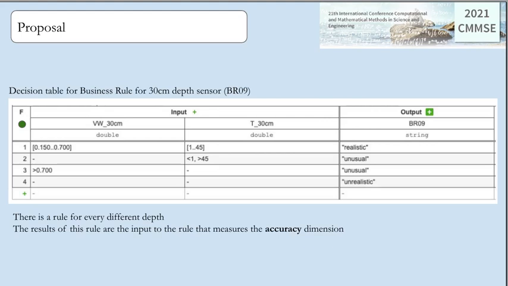The next case, where the temperature is below 1 degree or above 45, will give the result unusual. In the case where the humidity is above 0.7, it will also give the result unusual. In any other case not covered, the result will be unrealistic.